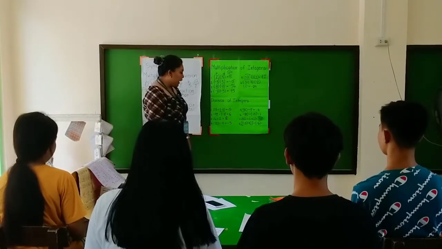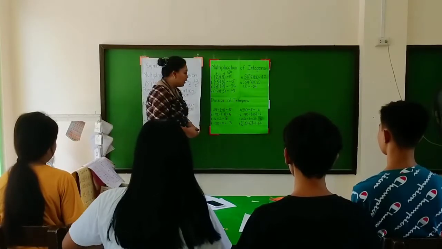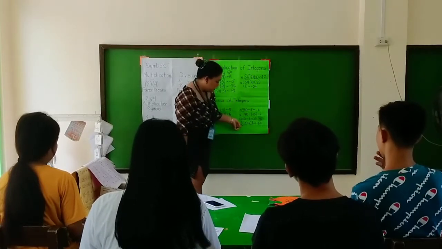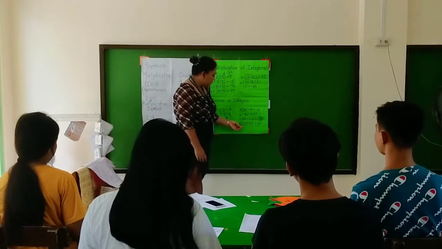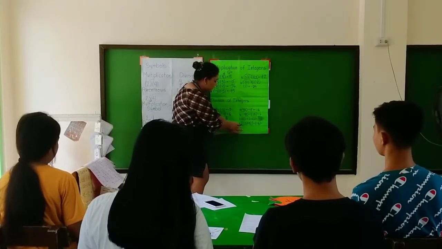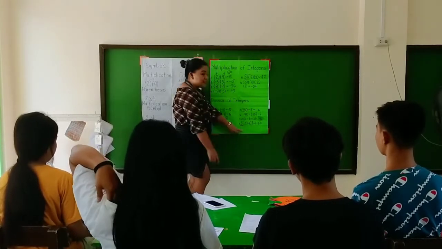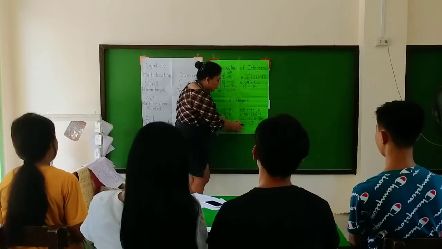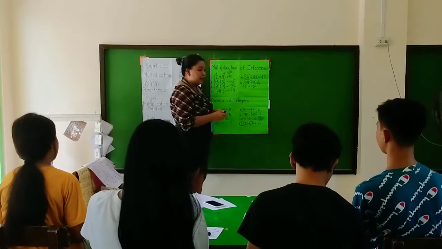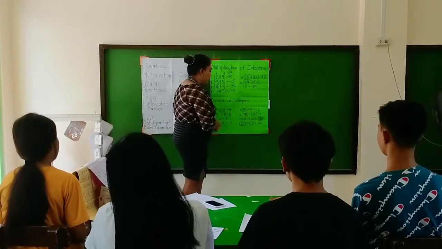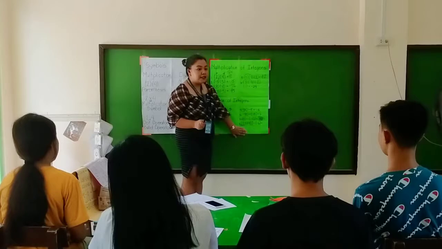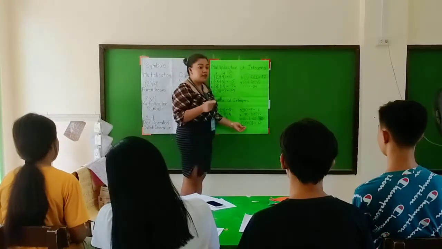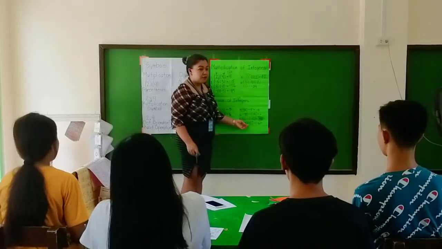So, let's proceed to number 8 equation. I will explain to you how. Okay? So, this one, when you see a bracket, or this is called bracket. Okay? And this one is parenthesis. Okay, what will you do? Always remember, the first thing to do is, you do what is inside the bracket first.